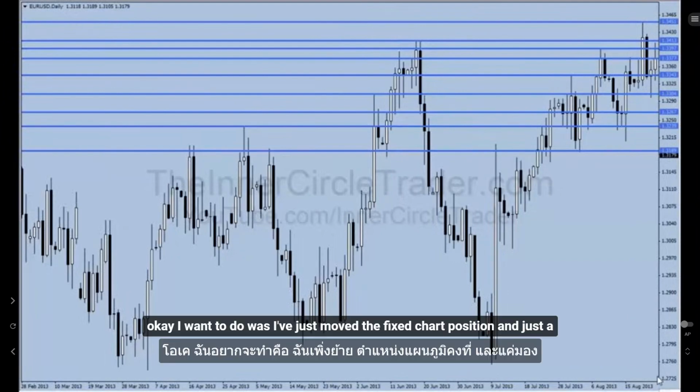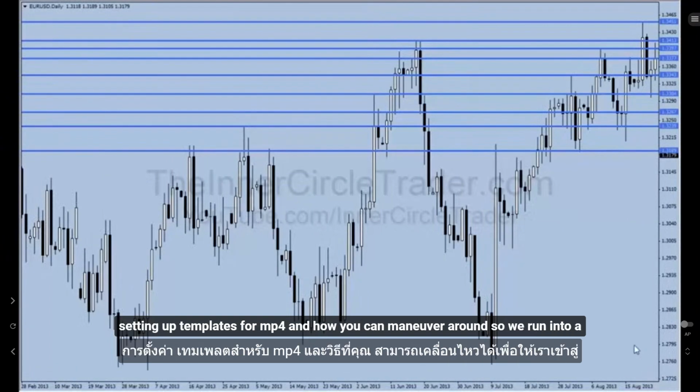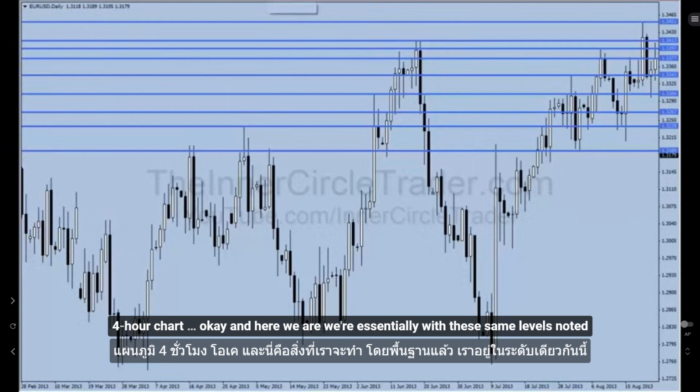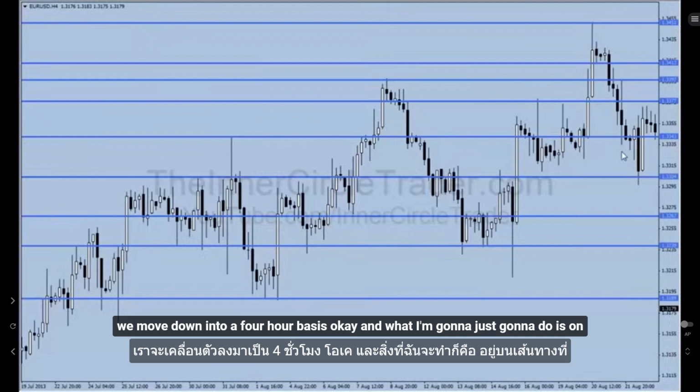What I did was I just moved the fixed chart position, and it's a little difficult to see here, but I will show you all that when I talk about setting up templates for MT4 and how you can maneuver around. So we're going to do a 4-hour chart. And here we are, with these same levels noted, we move down into a 4-hour basis.